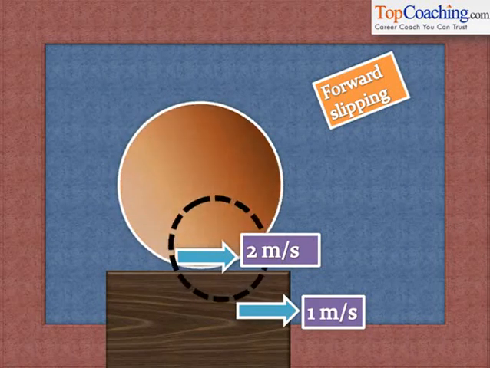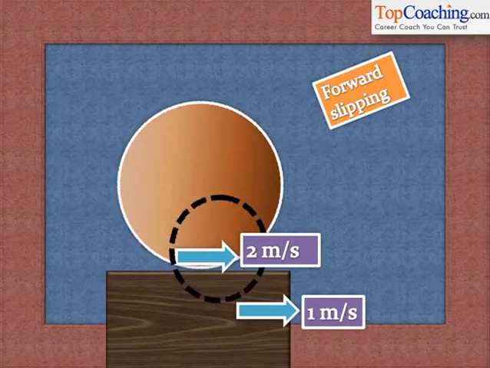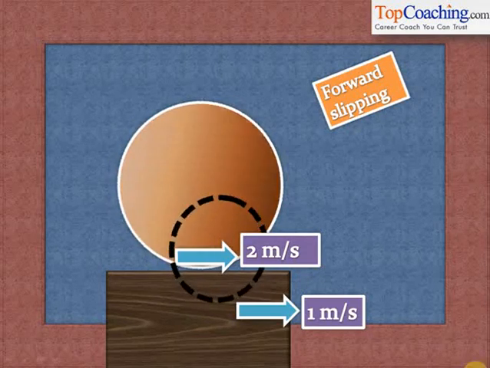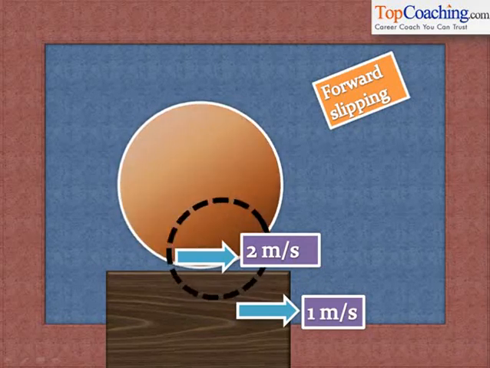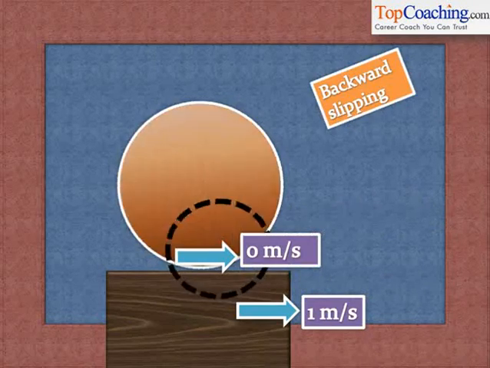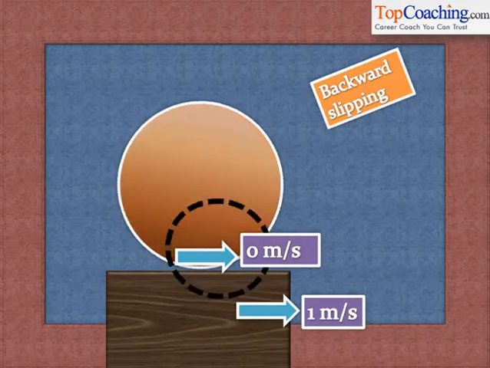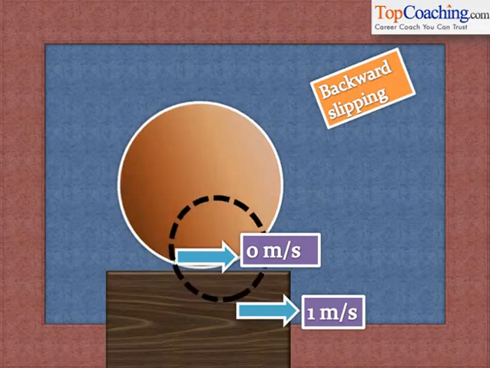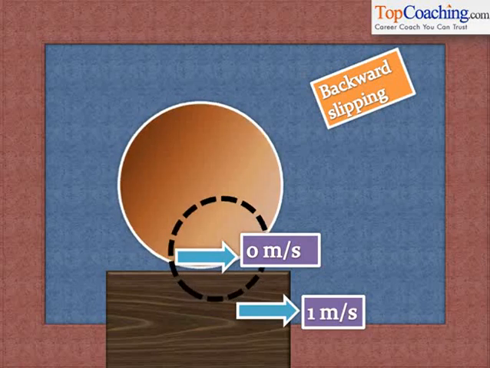Pure rolling is not taking place and the wheel is forward slipping over the floor. If the velocity of the bottommost portion of the wheel is less than the velocity of the plank, say the velocity of the bottommost portion of the wheel is 0 meters per second while the plank is moving forward with 1 meter per second, in that case we say that backward slipping is occurring.